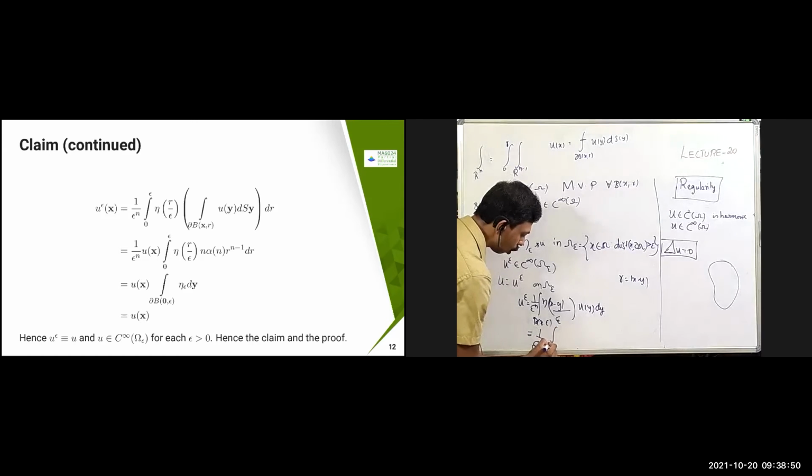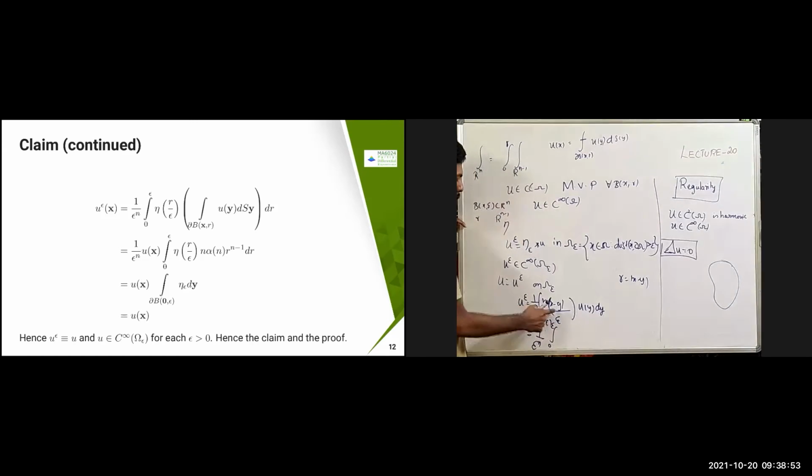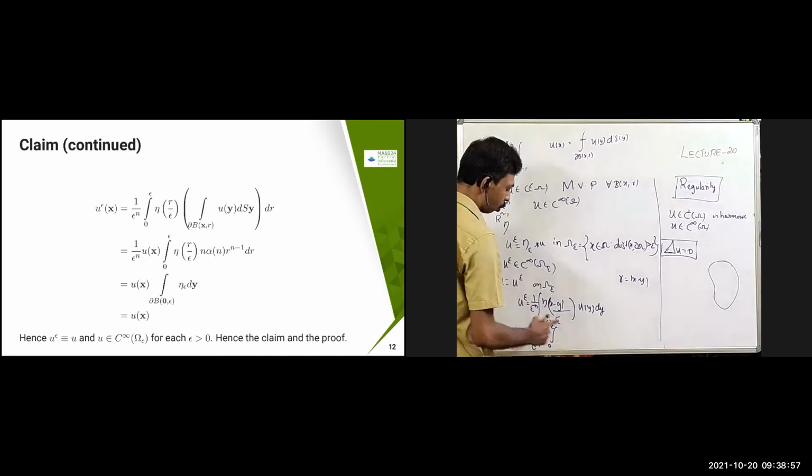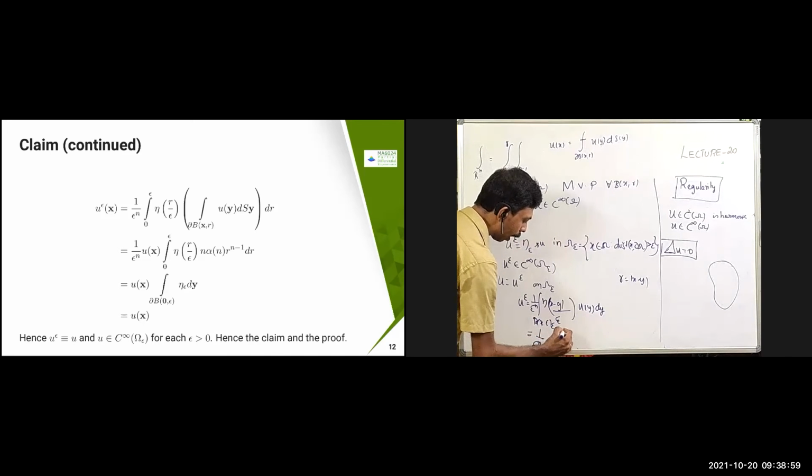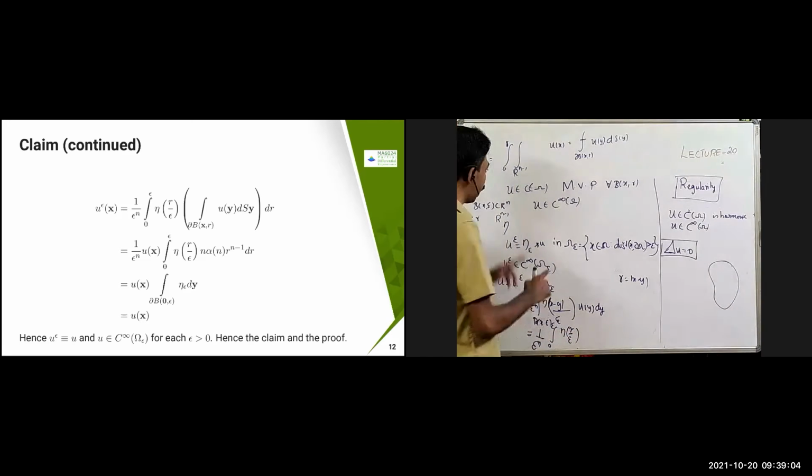Same thing I'm going to do here. So this is going to become 0 to epsilon, for the ball of x minus y less than epsilon, because it is defined in that ball only, b of x comma epsilon. So 0 to epsilon eta of r by epsilon, and the remaining thing is going to be r power n minus 1.